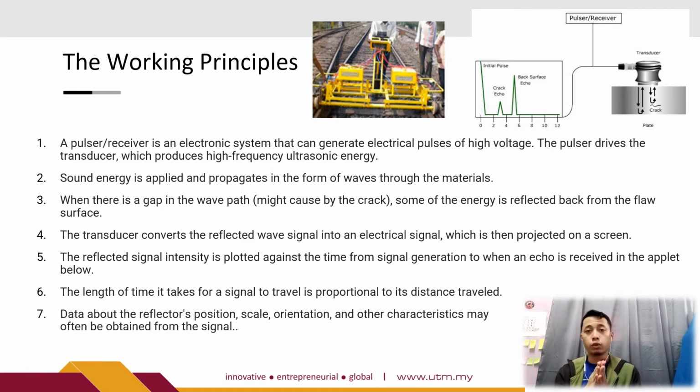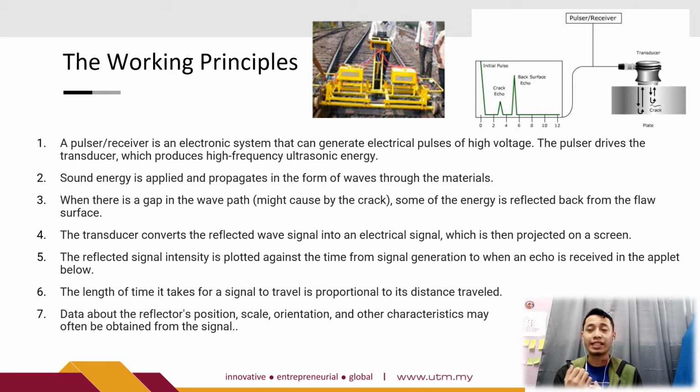And here we go to the working principle of UT for the railway industry. The first step is that an electrical pulse is generated by a pulser, which drives the transducer to produce high frequency ultrasonic energy. This sound energy propagates in the form of waves through the material that we want to check.